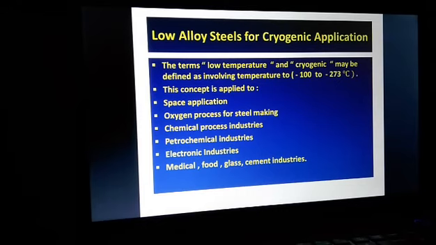This concept is applied to space application, oxygen process for steel making, chemical process industry, petrochemical industry, electronic industry, medical, food, glass, cement industry.